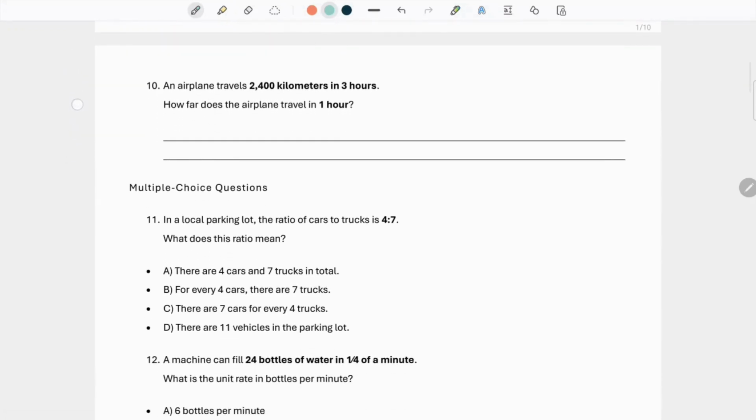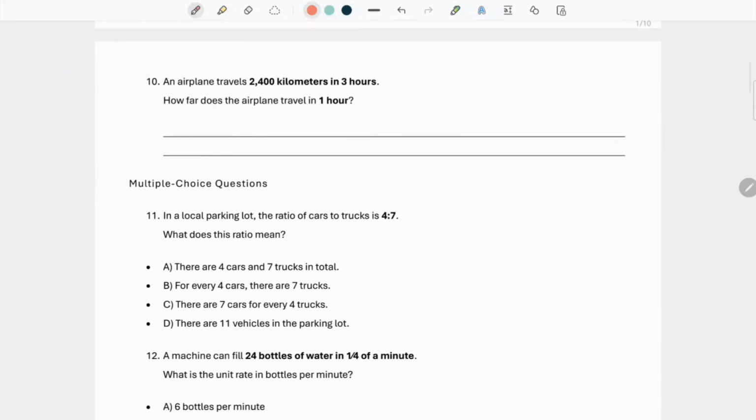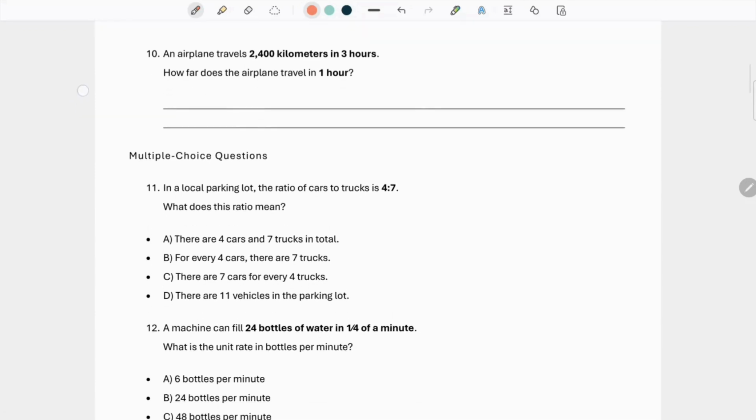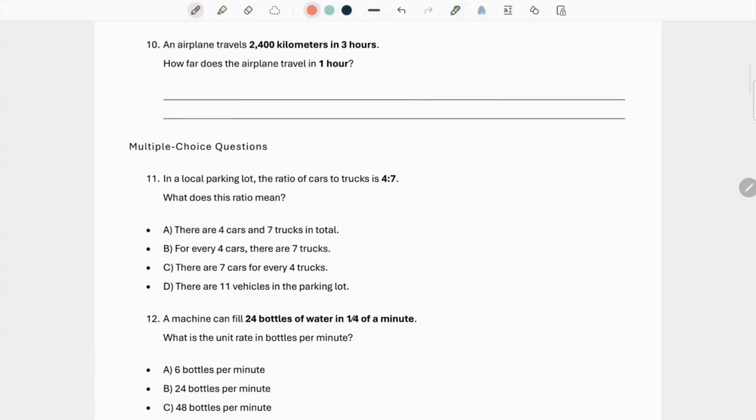Let's move on to question 10. An aeroplane travels 2,400 kilometers in 3 hours. How far does the aeroplane travel in 1 hour? The quantity we want one of goes at the bottom of the fraction again. So we're going to draw a fraction bar, have 3 hours over here, and have 2,400 kilometers at the top of the fraction.